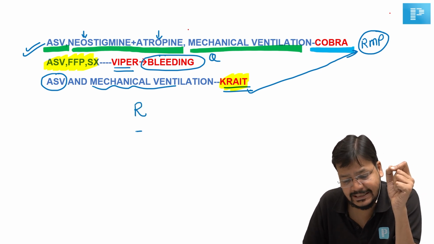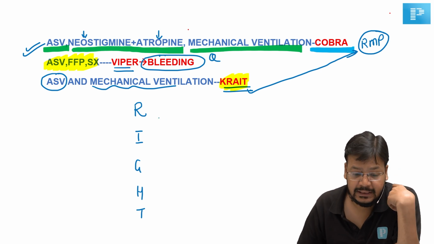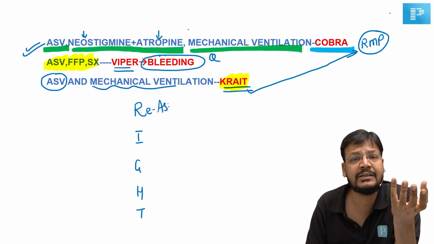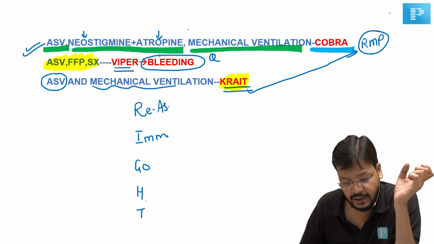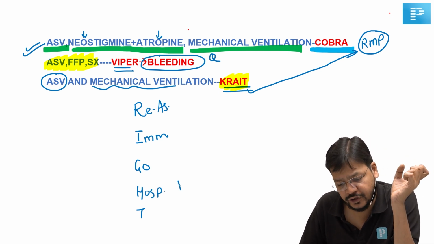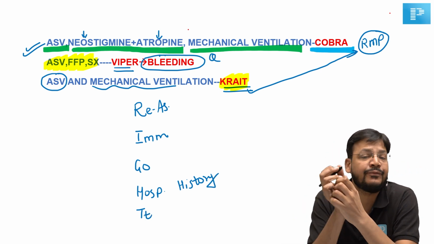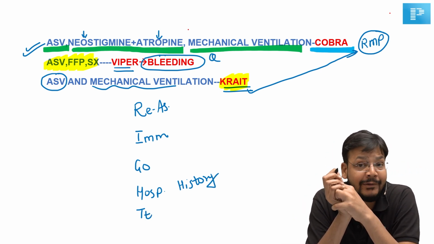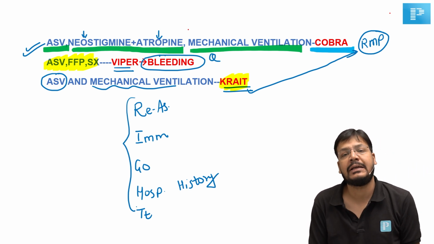What is the right strategy for snake poisoning? First is reassurance, second is immobilization, third is go to hospital and give proper history, and the fourth is give the proper treatment. This is the right word used for snake poisoning.